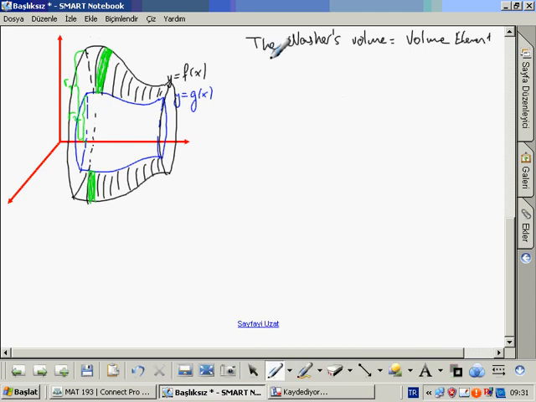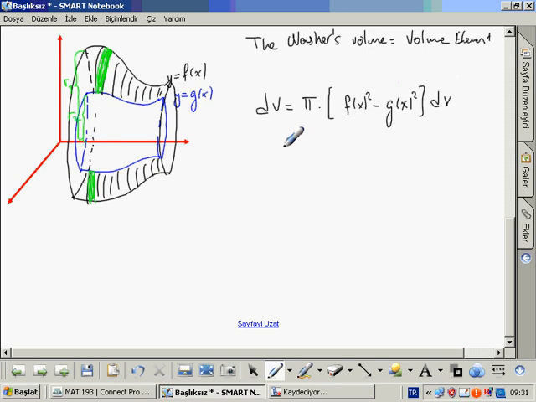We know that R1 is g of x and R2 is f of x. So we can say del V, the volume, equals pi times the square bracket f of x squared minus g of x squared, times del x.